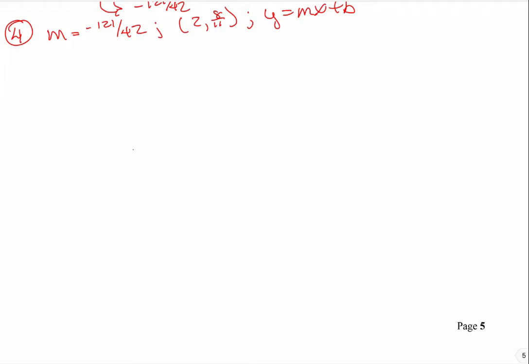So that means I have 8 over 11 equals negative 121 over 42 times 2 plus b.